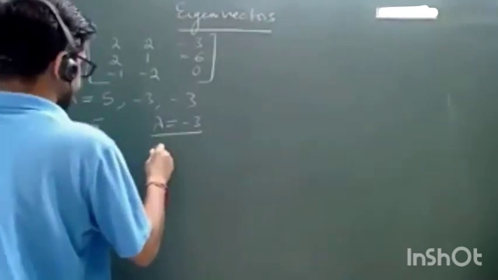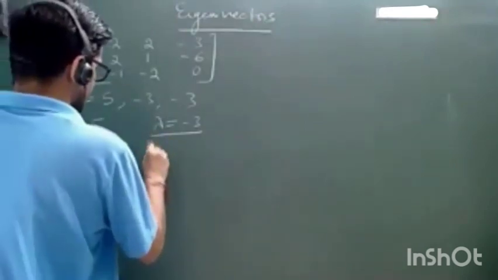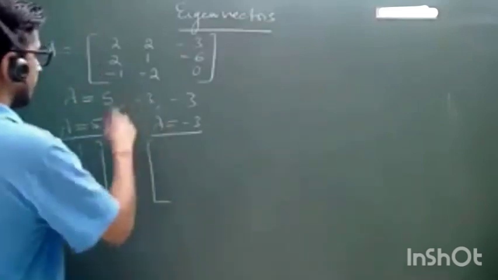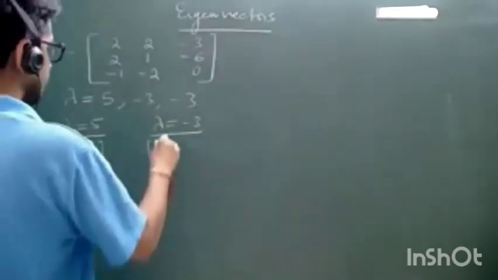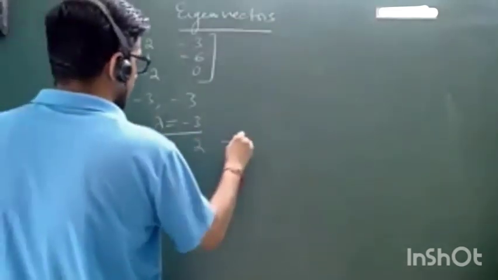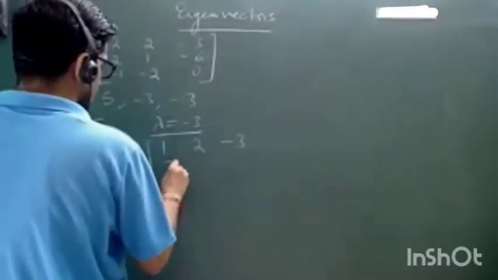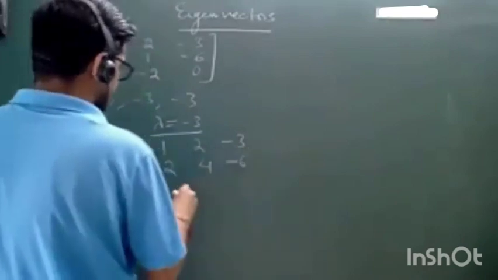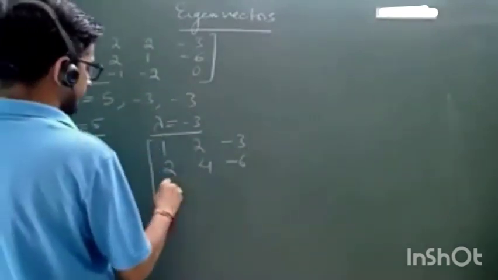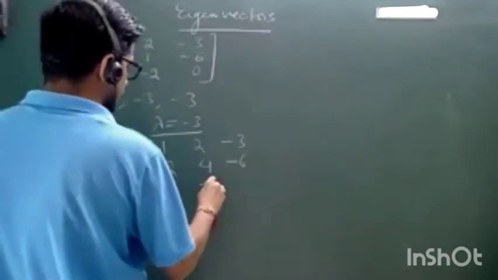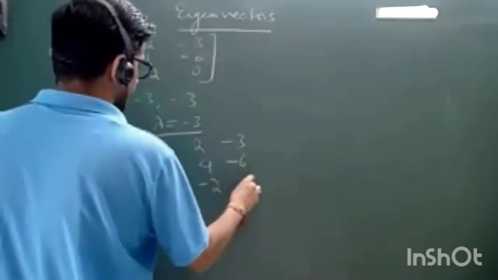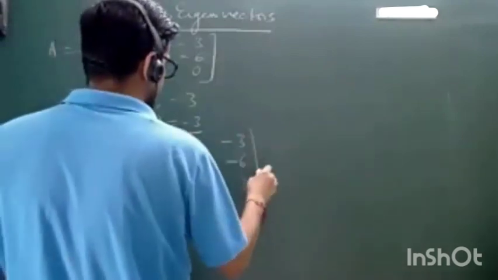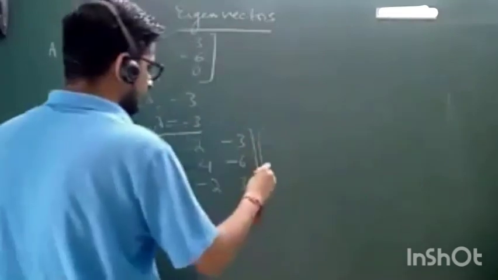It will become [1, 2, -3; -2... the rows 1, 2, -3 repeated with multiples], and this will be the matrix.